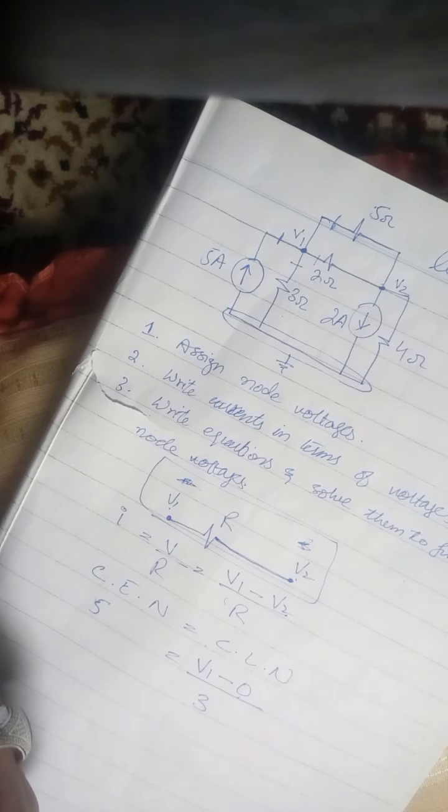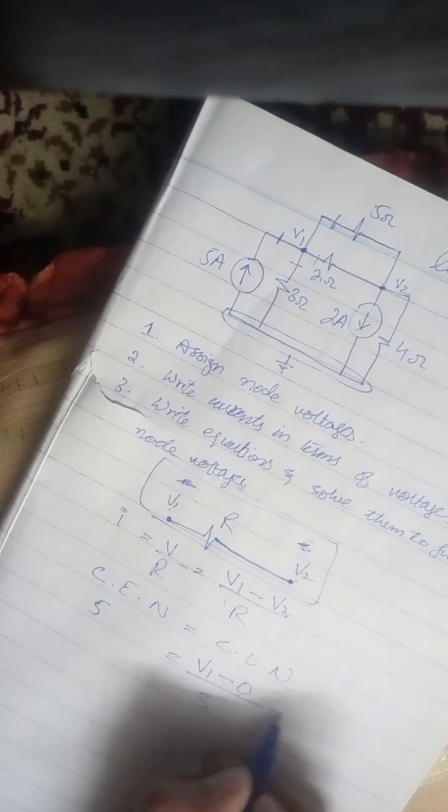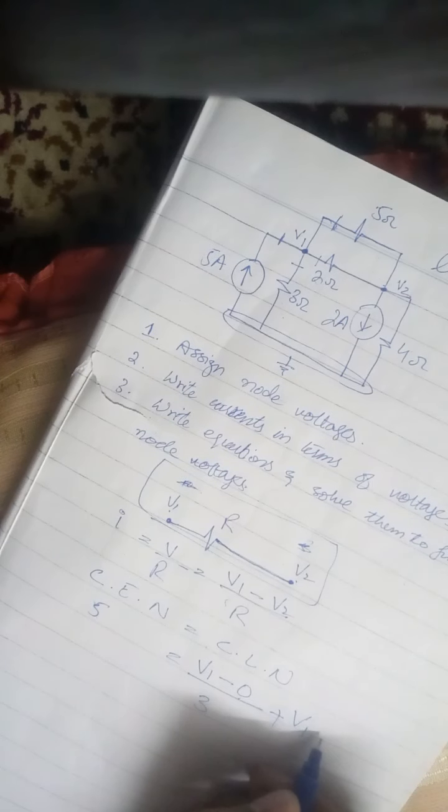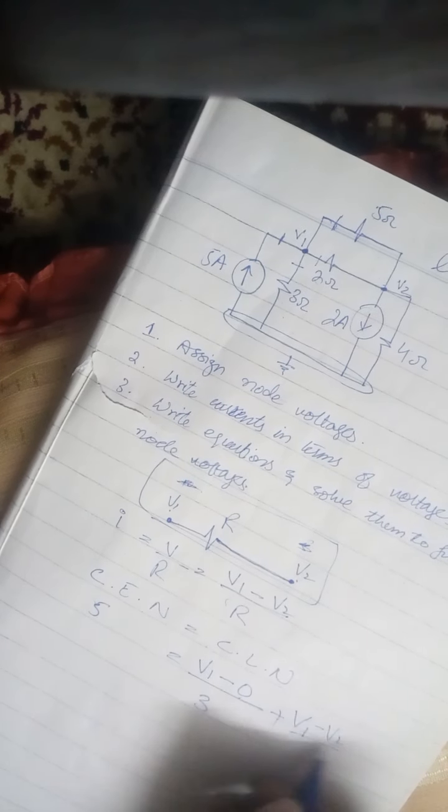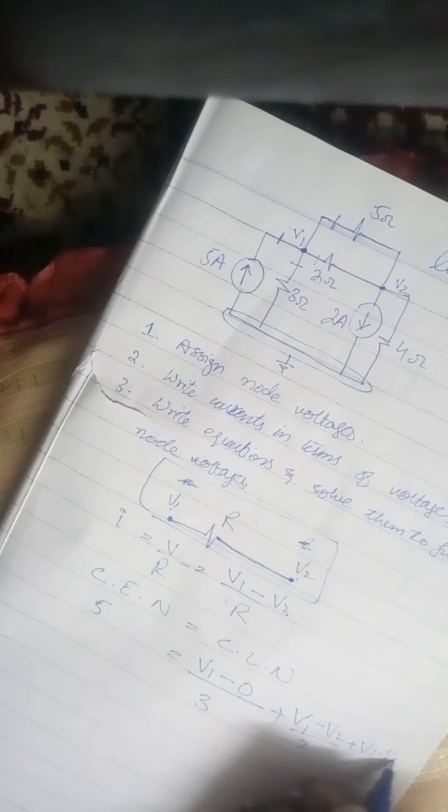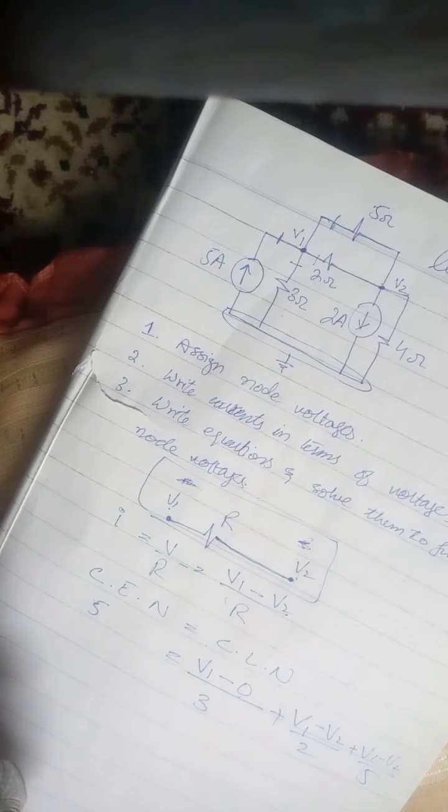This is the current through 3 ohm resistor, plus V1 minus V2 by 2, plus V1 minus V2 by 5.